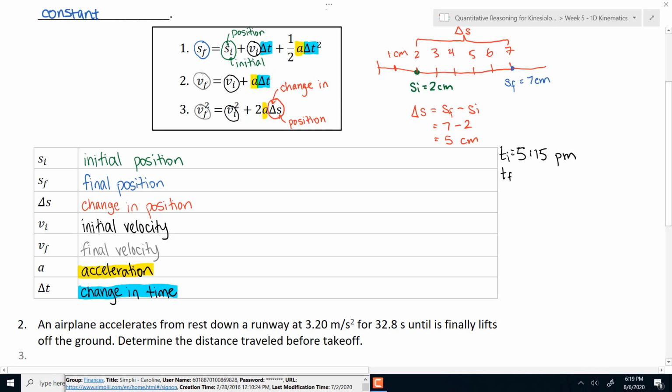I get to the finish line at 5:23 p.m. Okay, so that was my final time. My change in time is when I subtract the two. 5:23 minus 5:15, so that's 8 minutes. So delta t, the amount of time that went by from when I started to when I finished, is 8 minutes.